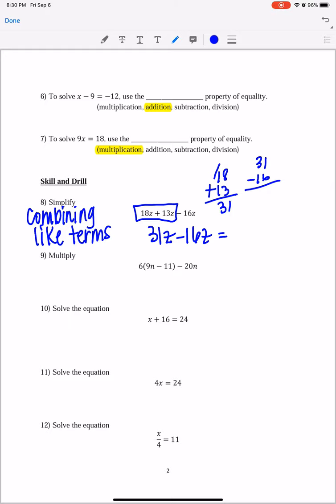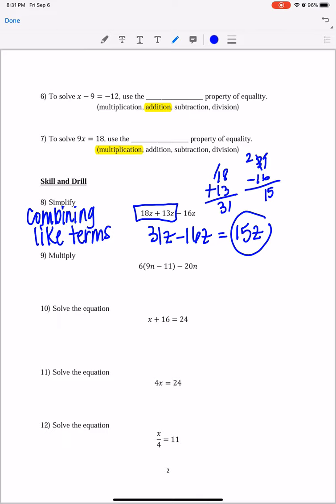We're going to turn that 1 into an 11, which means I need to borrow from the 3. So 11 minus 6 is 5. 2 minus 1 is 1. So my final answer here is 15z.